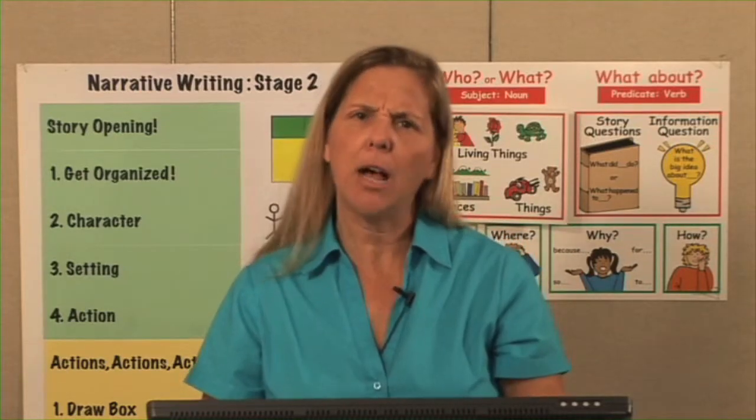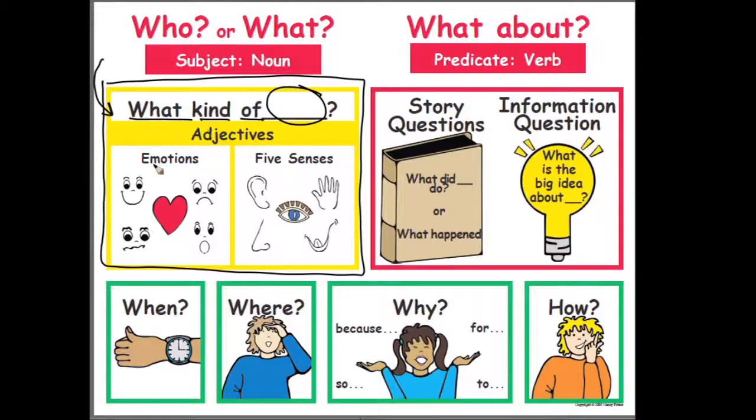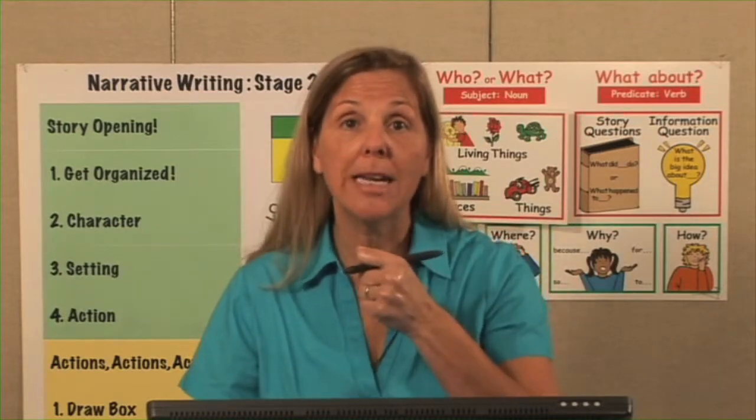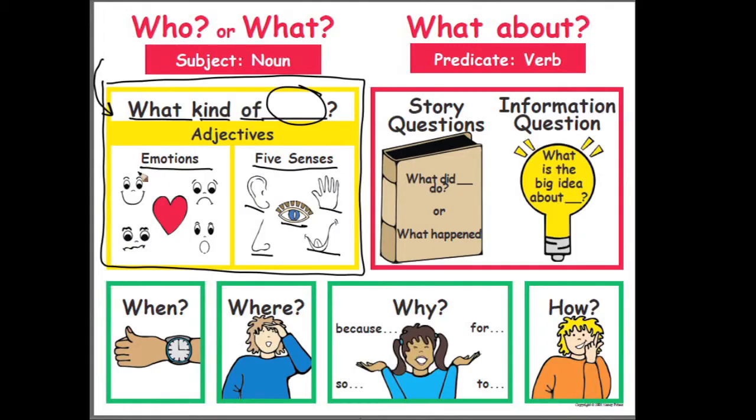I have to figure out how I'm going to describe my monkey. Am I going to describe how my monkey feels or his personality? Or am I going to describe, using the 5 senses, what my monkey looks like, sounds like, smells like, feels like, tastes like? Which one do I need? Well, if I'm talking about how my monkey ate a banana, I probably want to tell you how my monkey feels.